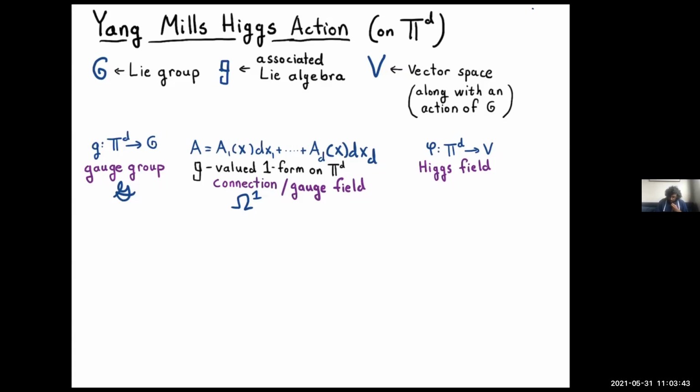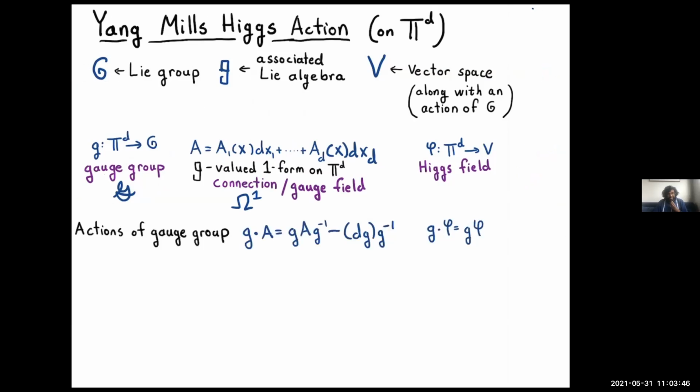A few more important preliminaries are that the gauge group is a group. It has a multiplication, but it also has actions on the connections and the Higgs field. For the connections, if we act on a connection A with g, then our prescription is to conjugate A by g, which again gives us something that takes values in the algebra, since conjugation by the group takes the algebra to itself.